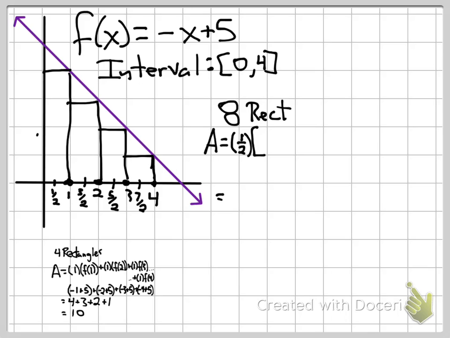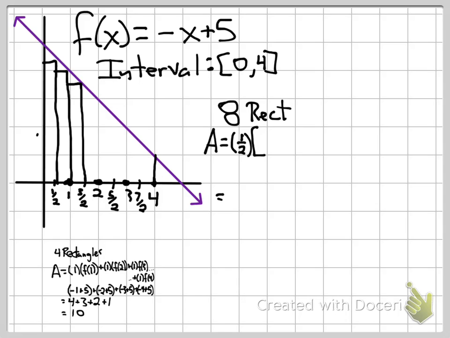What I actually have here is my rectangles. Let's clear these out. Or every half unit. Now we're starting to see these rectangles are skinnier. They do have a width of 1/2. There's more of them, and we can see for an approximation sense they are getting closer to that line.